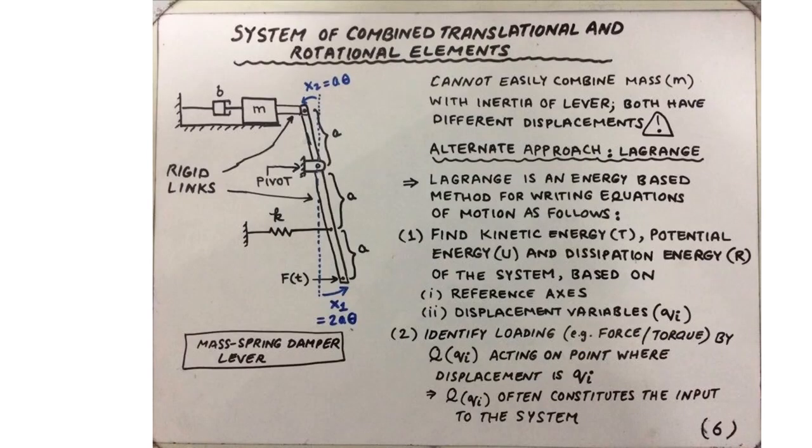Let us now consider another interesting example of a system containing both translational as well as rotational elements. This is an example of a mass spring damper lever system, an end of chapter problem. In this problem, we have a lever which is pivoted over here, and it shall exhibit a rotational motion about this pivot.